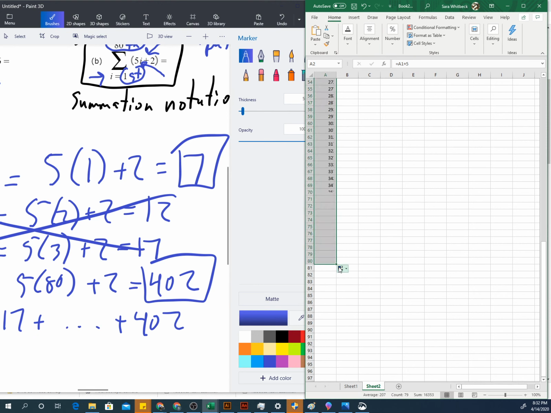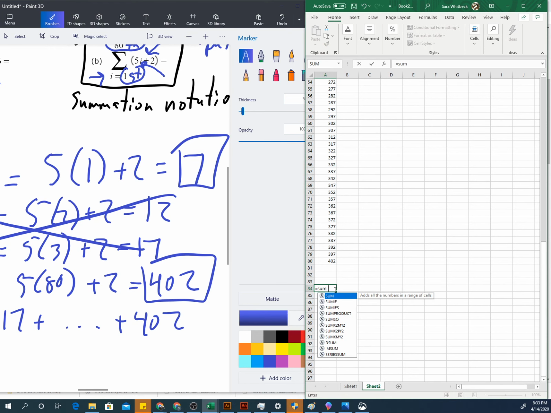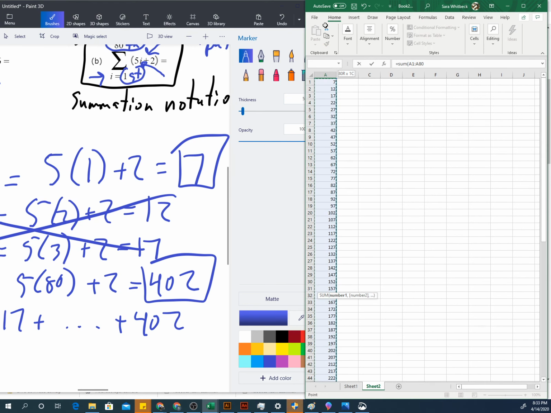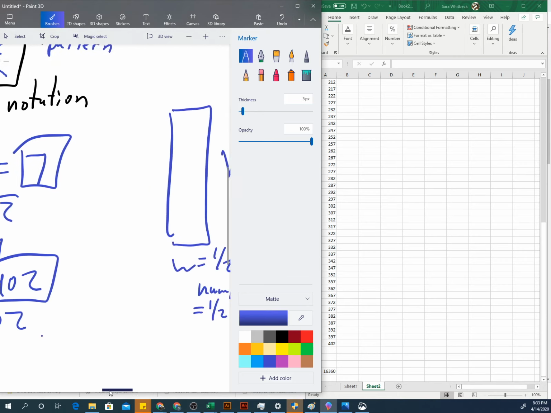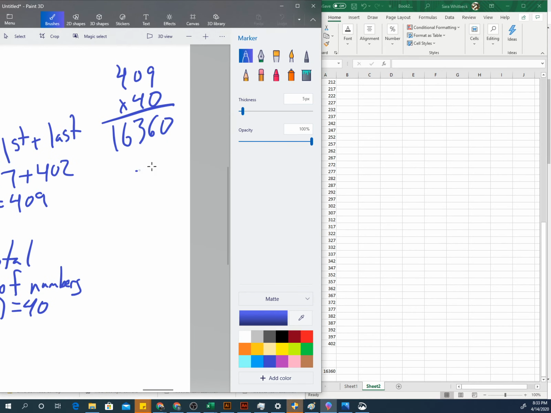So right to there. And if you want to double check your work, we can say equals sum. Copy that. And we get 16,360.